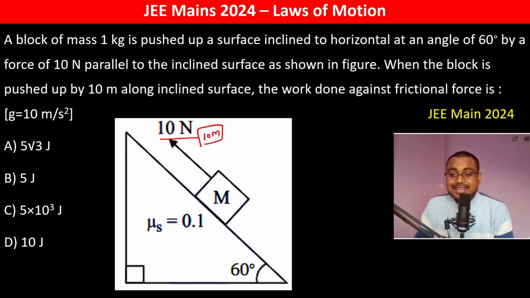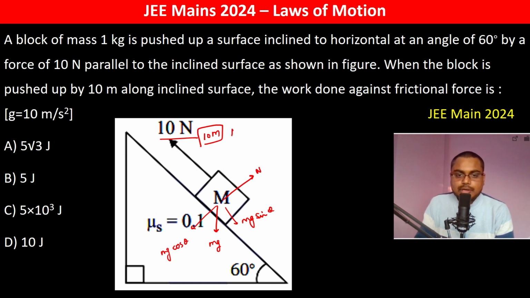Along the work done against frictional force is, तो फ्रिक्शन, तो इधर देखिए, इधर हो गया mg, this is going to be mg sin theta, this is going to be mg cos theta, और ये हो गया नॉर्मल. नॉर्मल जो है इक्वल हो जाएगा mg cos theta के, क्योंकि there is no movement in the direction perpendicular to the inclined plane.